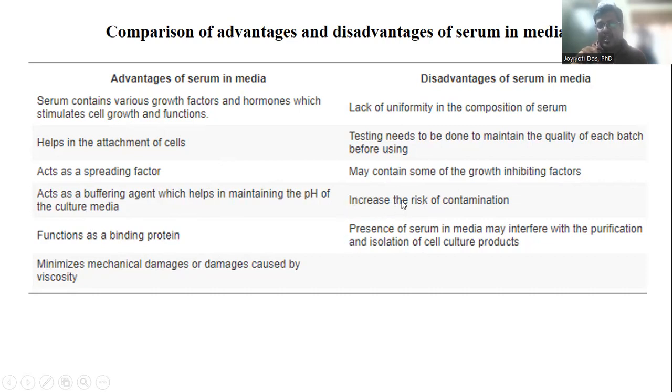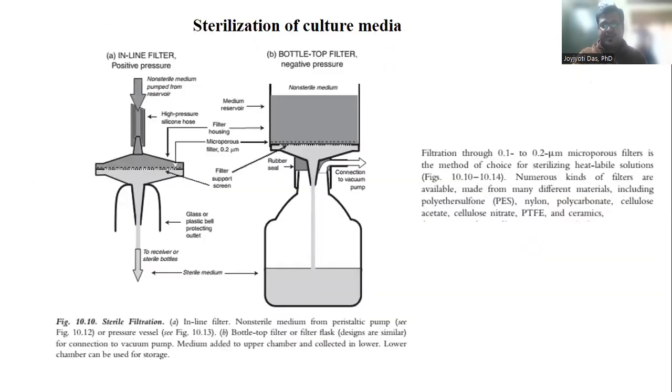So with the addition of serum, the contamination chances of your cell culture media keep on increasing. And at times, the presence of serum in media may interfere with the purification and isolation of cell culture products if you are trying to extract and isolate some components secreted extracellularly by the cell in the media.